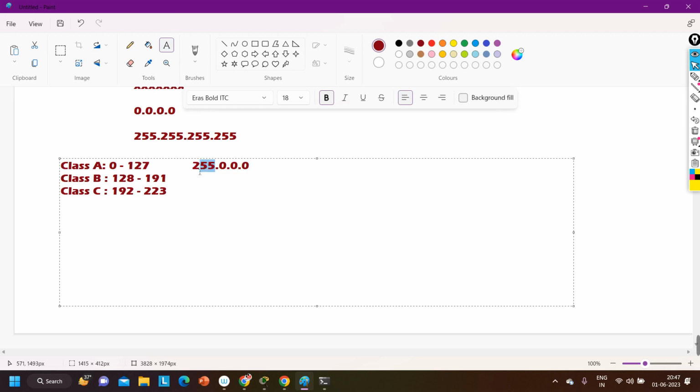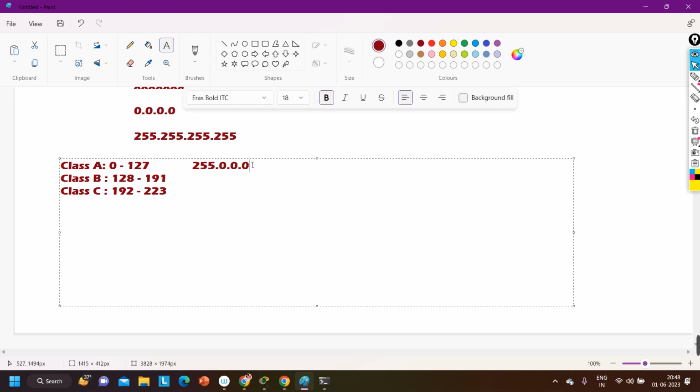So in the first field all bits are 1. That means in class A the first 8 bits are network bits, as the subnet mask is saying: all 1s mean network bits and 0s mean host bits. And it is saying that the last 24 bits are host bits.